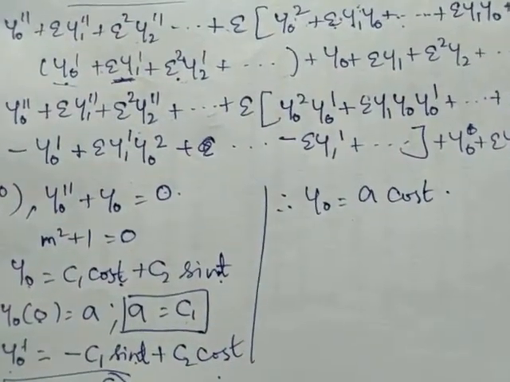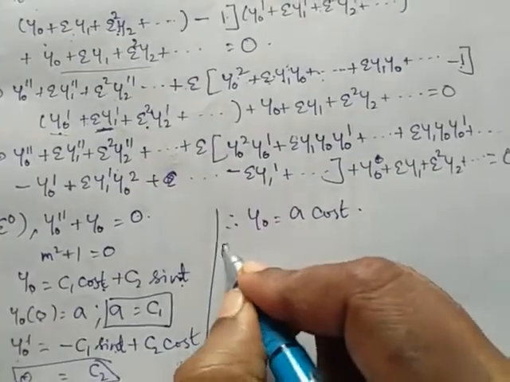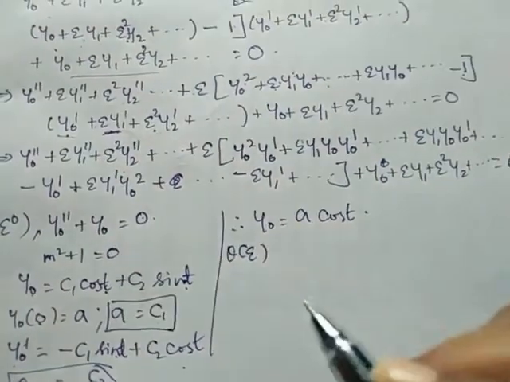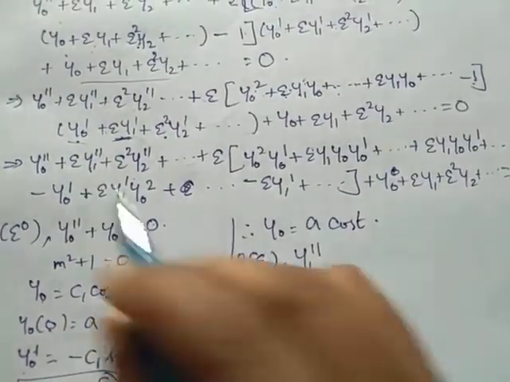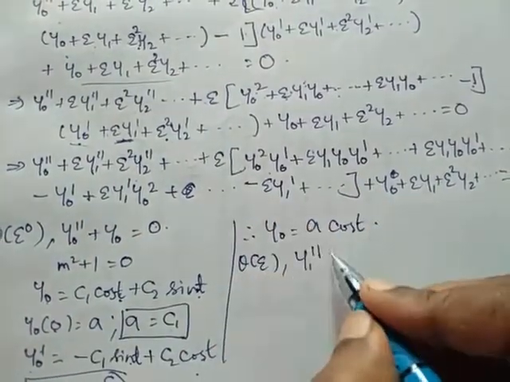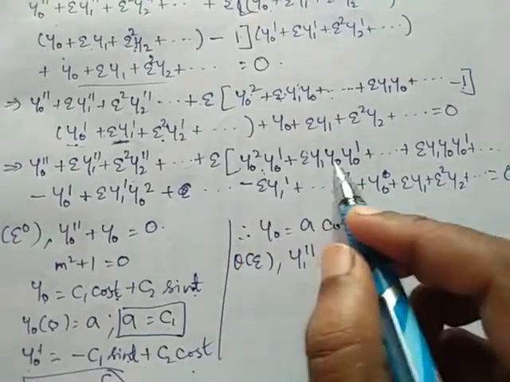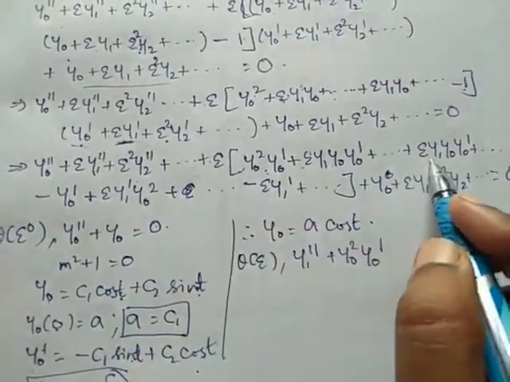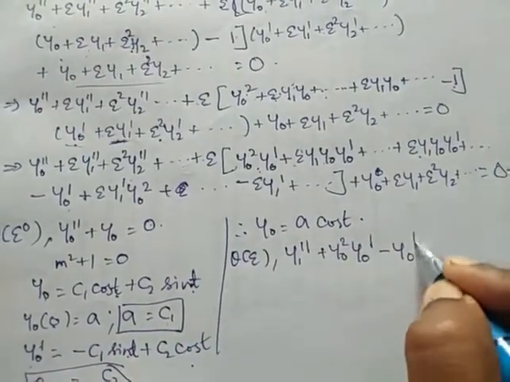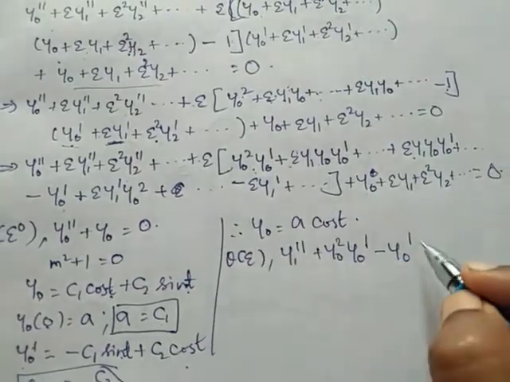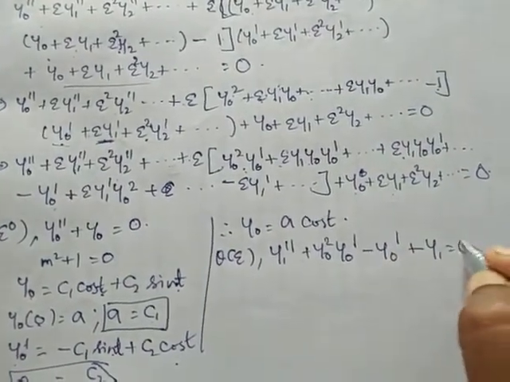We have to find one more term. Now we have to equate the coefficient of epsilon to the power 1. We have y1 double dash, here y naught square, y naught dash. This is the epsilon square term. Here one more term is there, minus y naught dash plus y1 equal to 0.